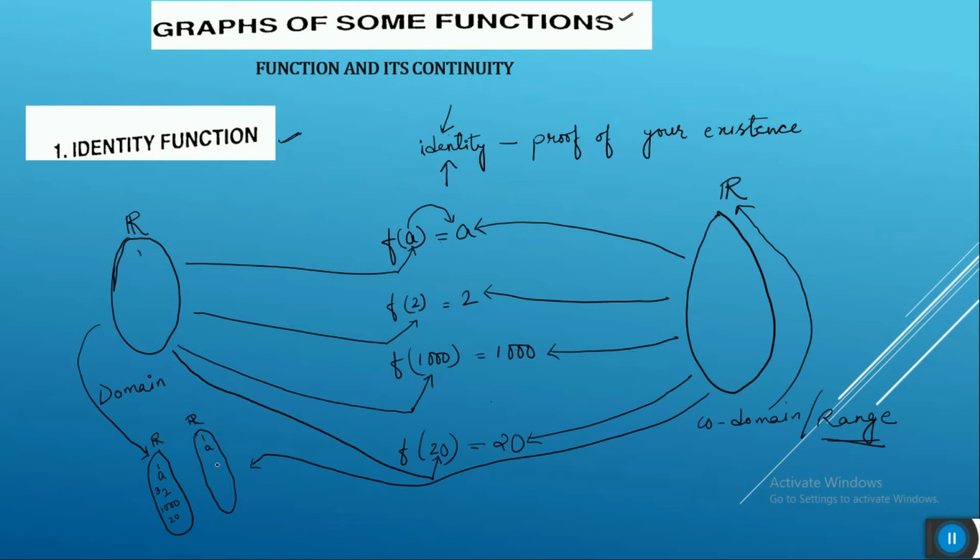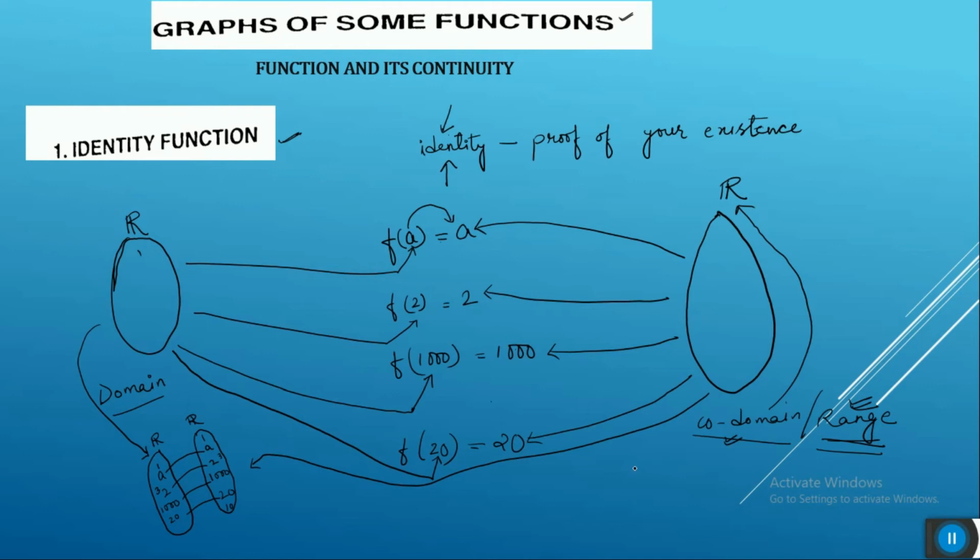Now see, A is related to A, 2 is related to 2, 1000 is related to 1000, 20 is related to 20. These connected elements are called the range. Clear? Connected elements are called the range, and 1, 10, 3, 4, all together will be called the codomain. So that is what domain, codomain and range are.